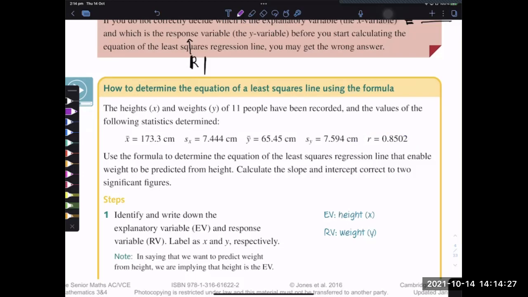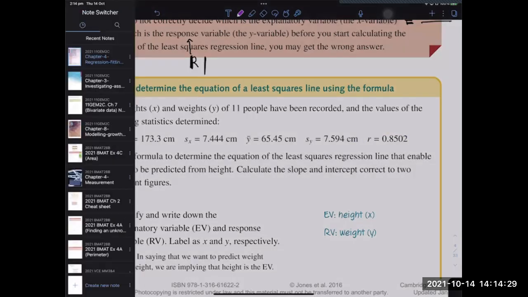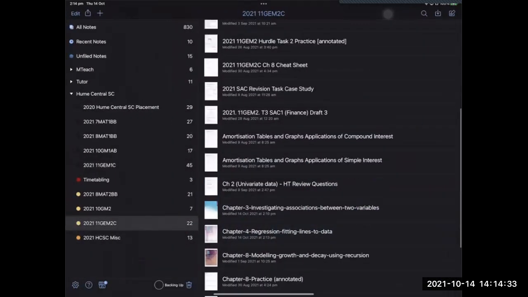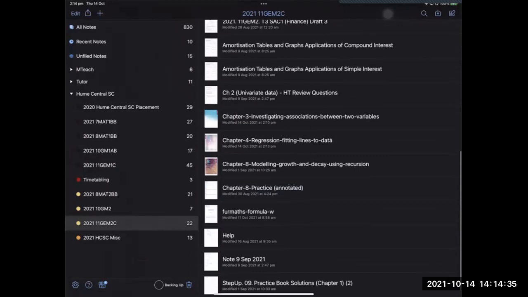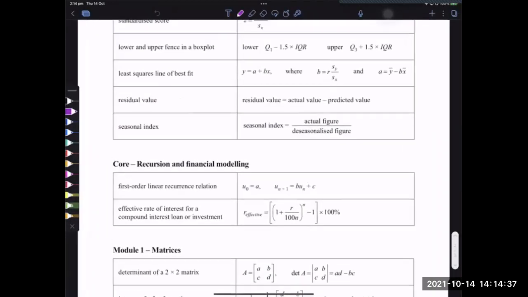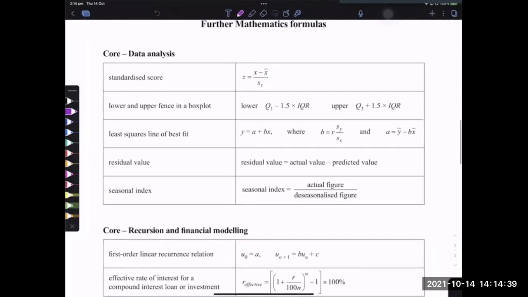I'll also show you in your notes, or from the Year 12 exam, that you'll be using this formula here, because you can identify that there was an X bar, a Y bar, SY, SX, and the R as well.